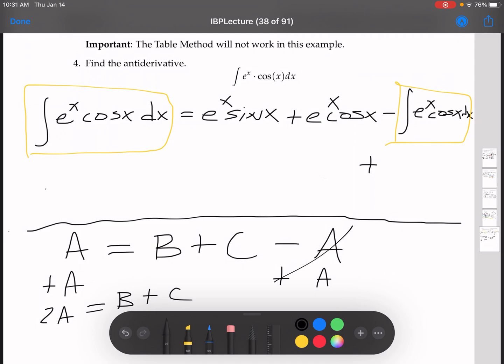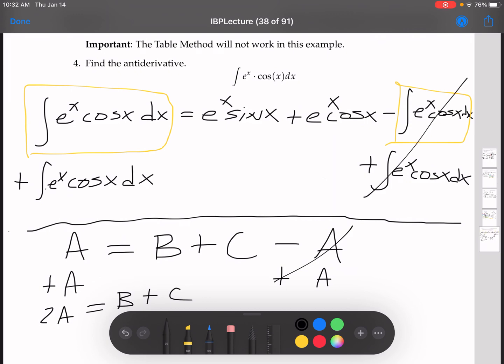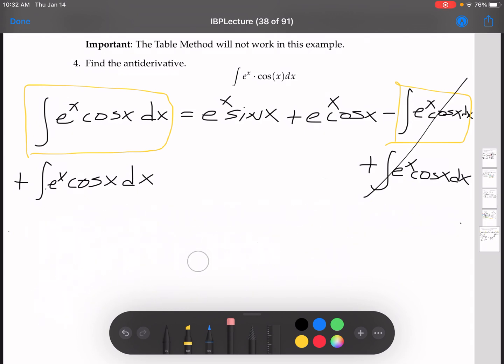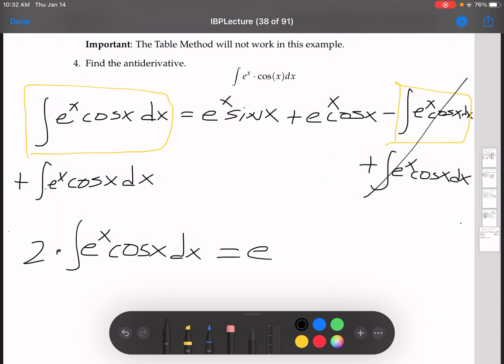We're going to add the integral of e to the x cosine x dx to both sides. That's going to cancel over there, and we'll get two of these things. 2 times the integral of e to the x cosine x dx equals e to the x sine x plus e to the x cosine x.